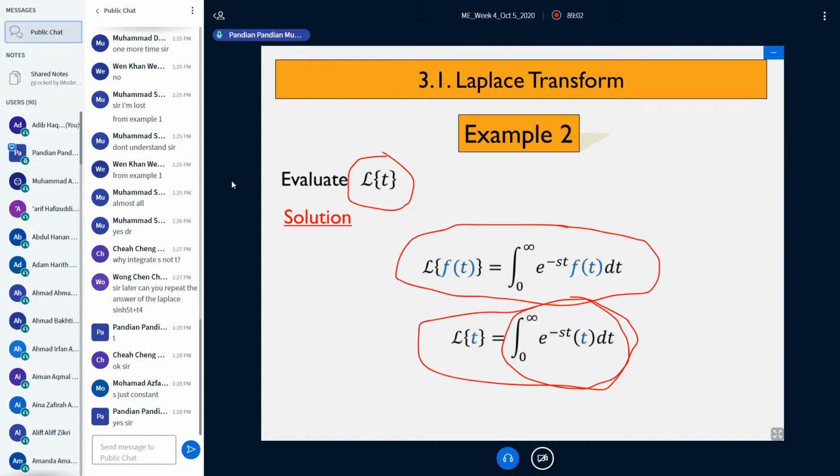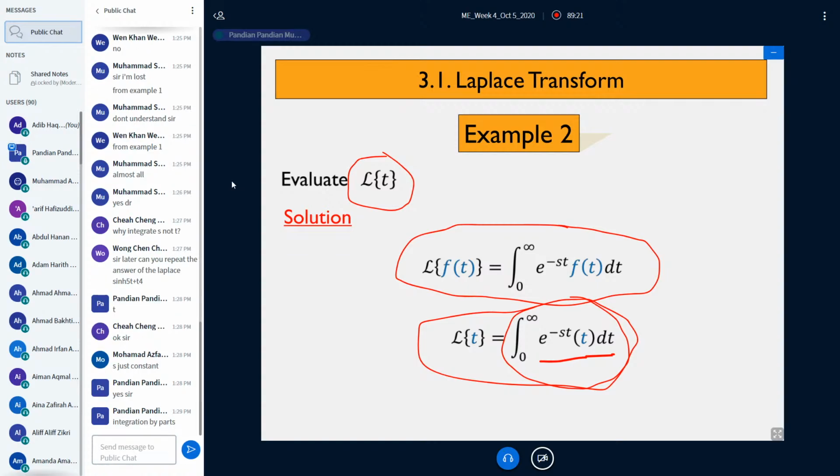So you do the same for Laplace of t, but this one has two terms, so you have to use integration by parts. Integration by parts, you have to study this in class.